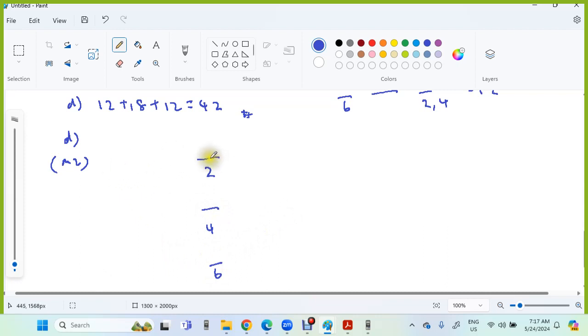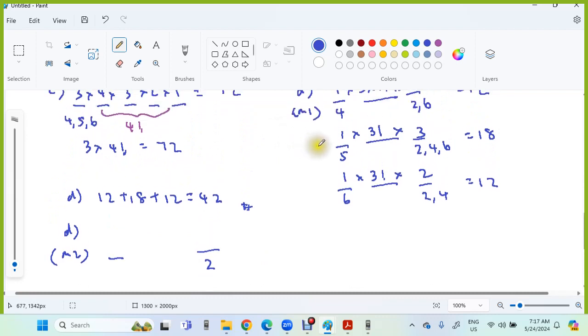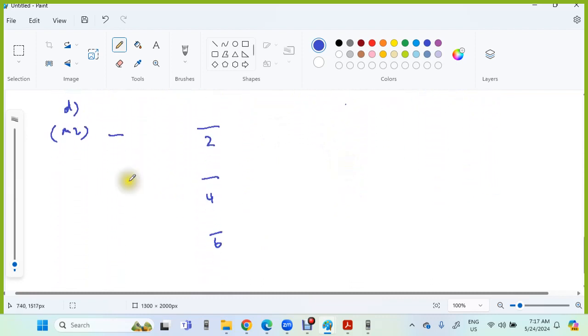So if I end with 2, then I can have 4, 5, 6 to begin. Then if I end with 4, I can only put 5, 6 here. I end with 6, then I can put 4, 5 here. So over here, this is 3 times 2 times 1, so we have 18 here.